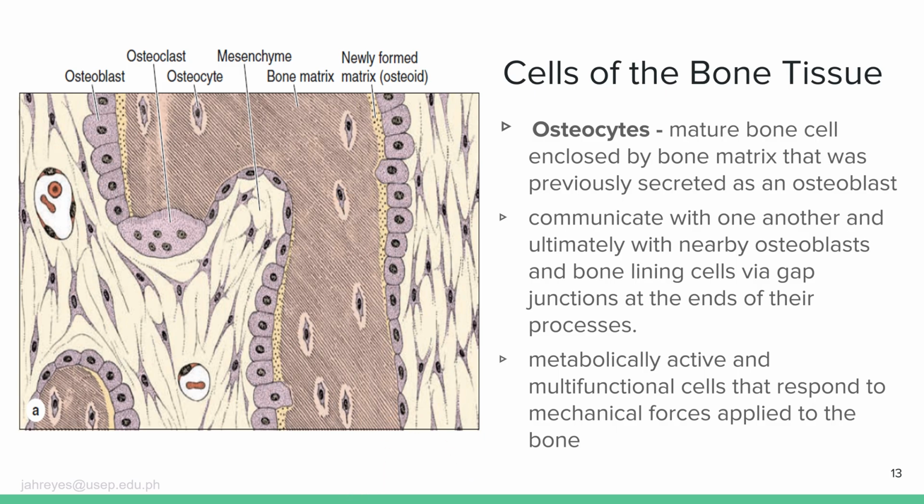These parts, the processes of the osteocytes, are enclosed within the bone matrix, and sometimes those processes can also communicate with the neighboring osteocytes and bone lining cells through the part of the cell referred to as the gap junctions.